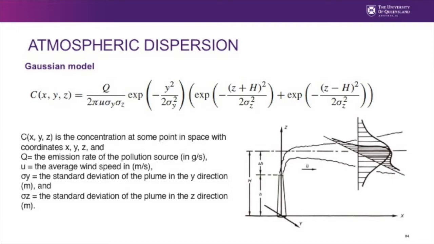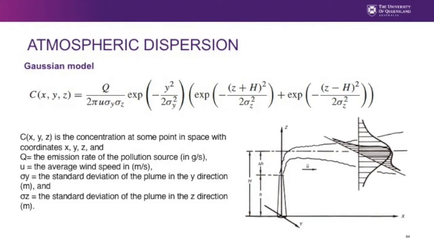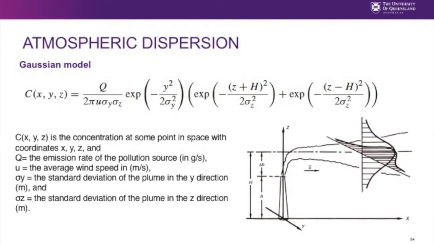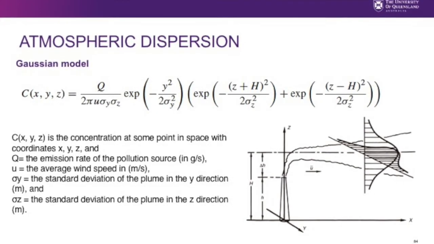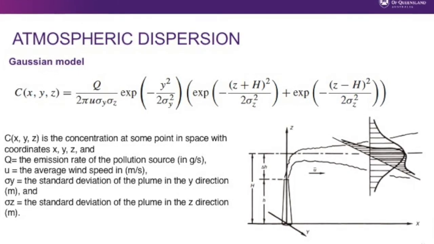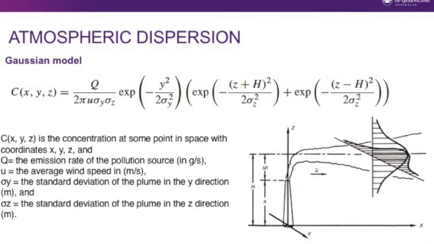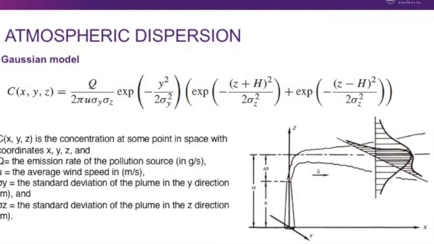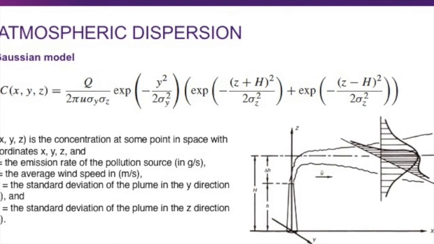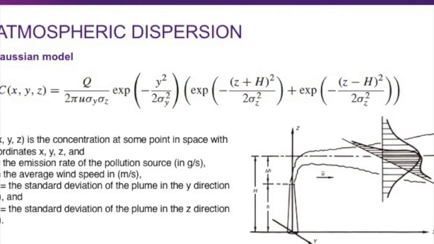So this is the equation, and it might look very big or very difficult, but it's a very simple one, because in many cases we will have some assumptions. For instance, we will assume that the plume is moving only in one direction, which already simplifies the equation a lot.